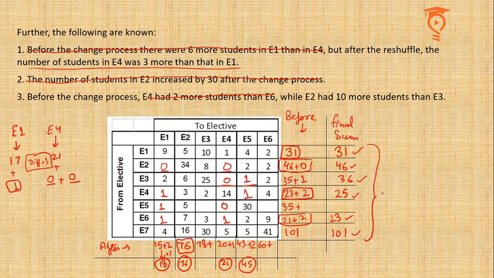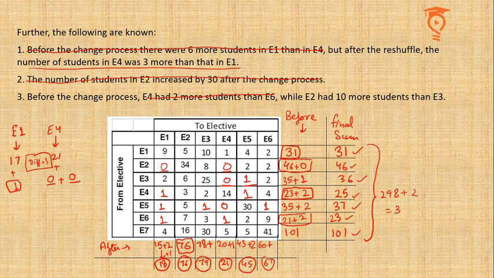However, there were altogether 300 students. That means these two should also be filled by 1 each. So the final number here becomes 79, here it becomes 61, and here it becomes 37. Hence the sum of all of these becomes 300.